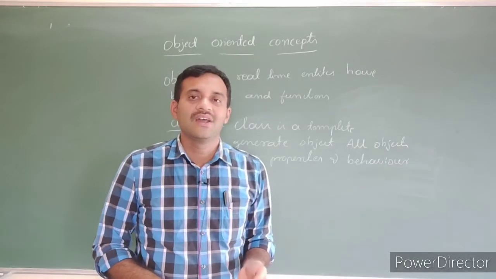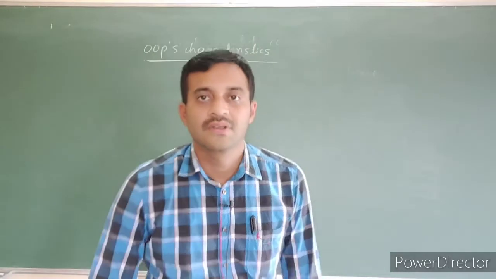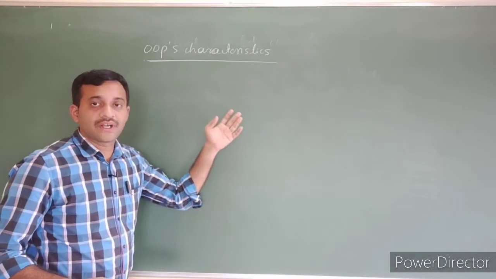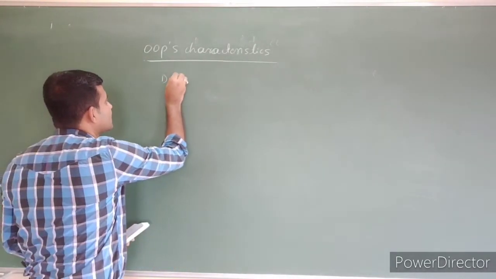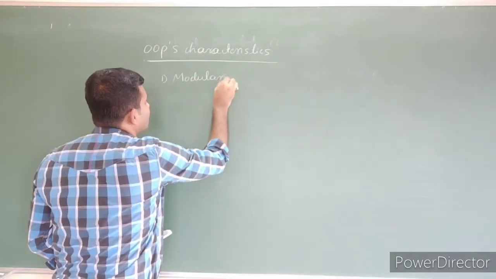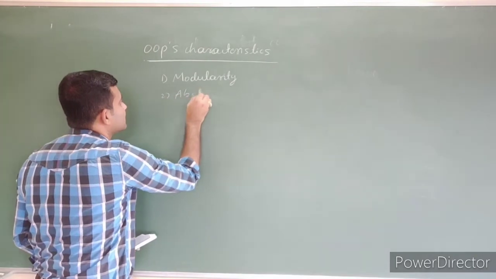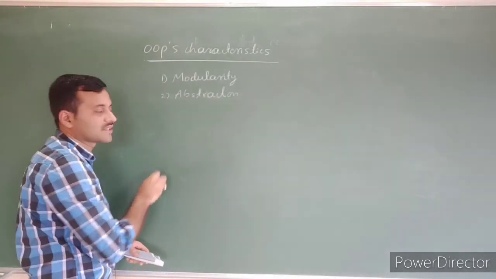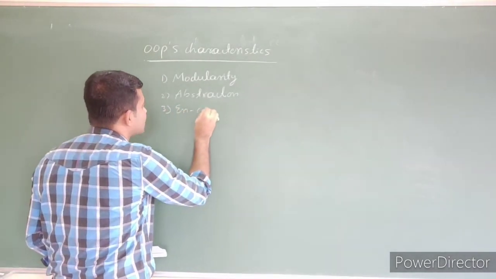Let's discuss the characteristics of object-oriented programming. The first characteristic is modularity. Second is abstraction. Third is encapsulation.